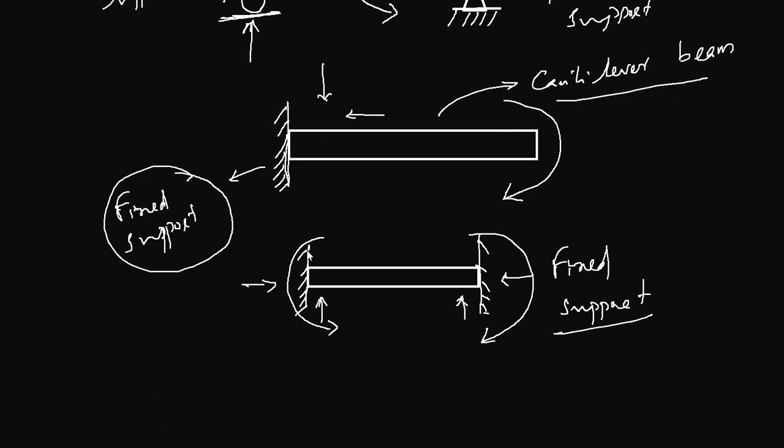And you can also have beams on fixed supports at either end. This beam can resist literally any forces, as long as the force is not enough to break the beam. If it's going to break the beam, then it will break, but if the force is within that limit of the beam, then it can sustain any of those forces.